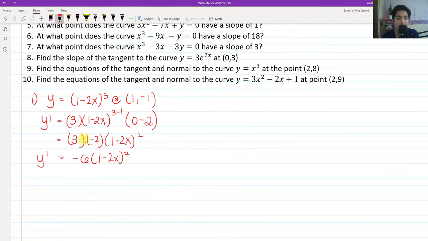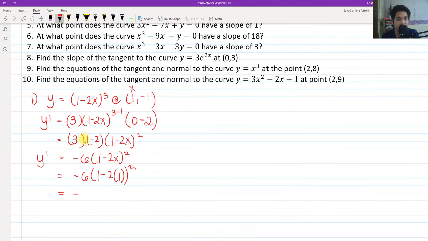And then we substitute the value of the given point of x to get the slope. So we have negative 6 (1 minus 2 times 1) squared.